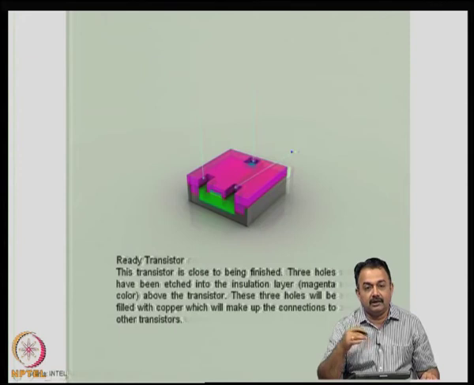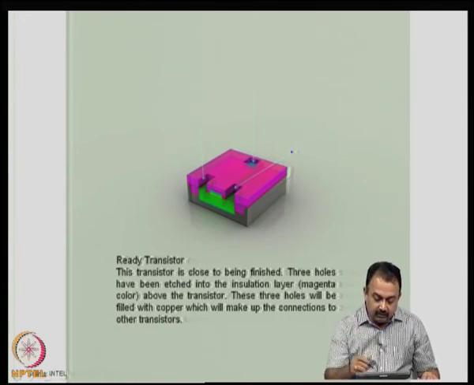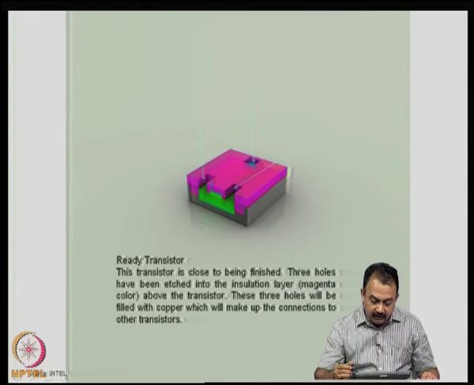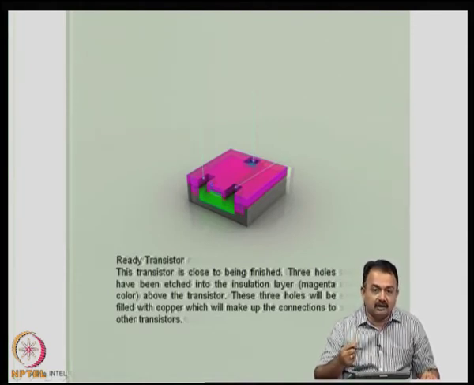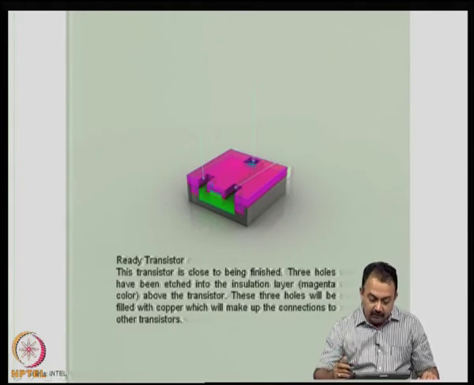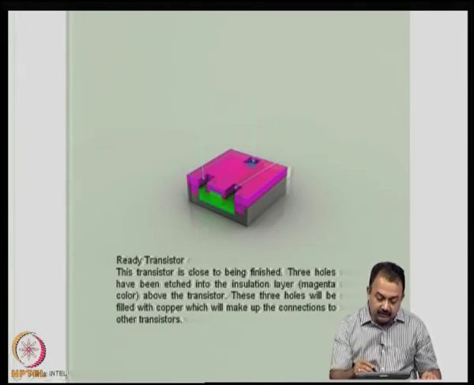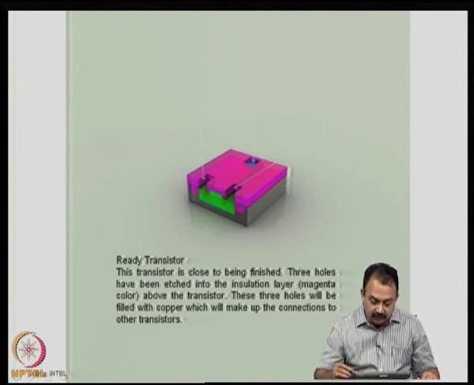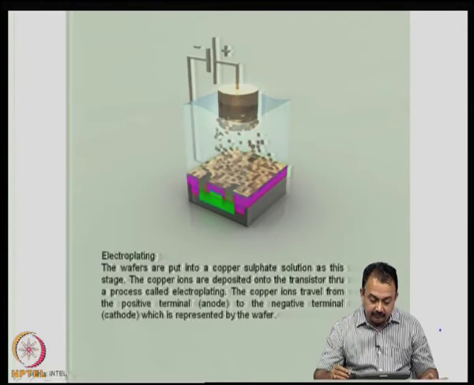So, these holes are generated now and these holes will be filled with the copper conducting material, which will finally be the connectors for these transistors. I hope it is very clear. The top surface is magenta in color, which is the passive oxide layer, and the arrows shown here which represent the 3 holes represent the transistors for this particular device.